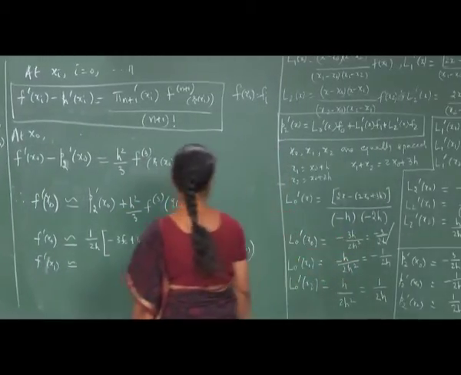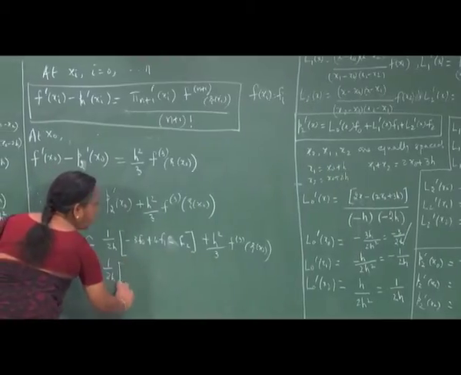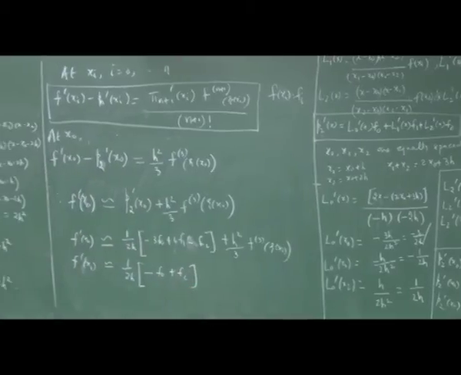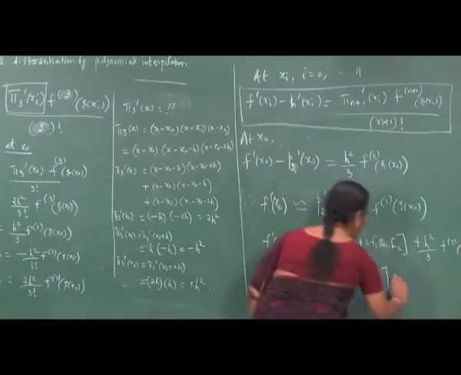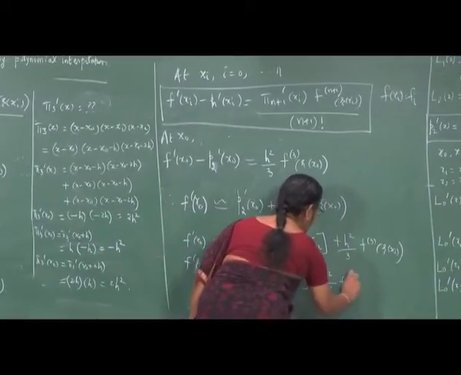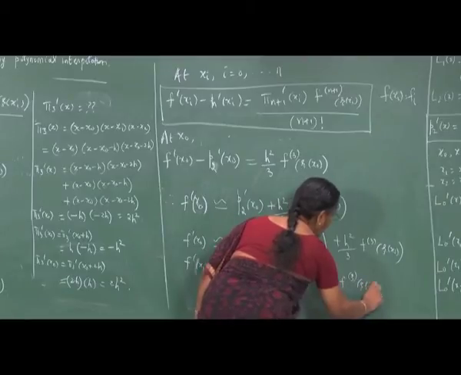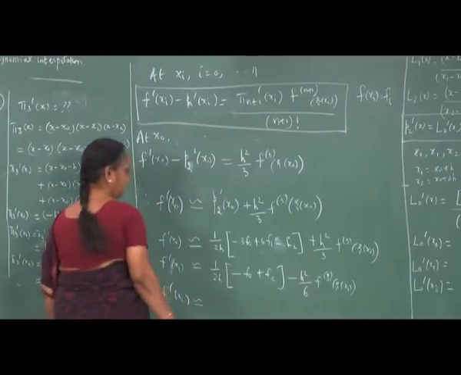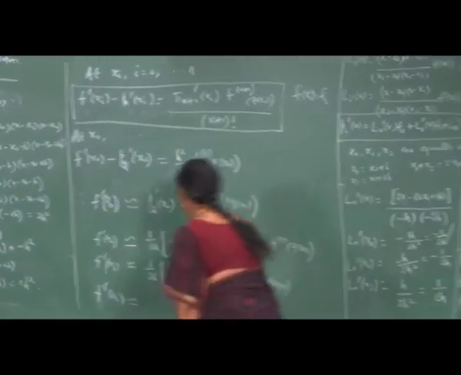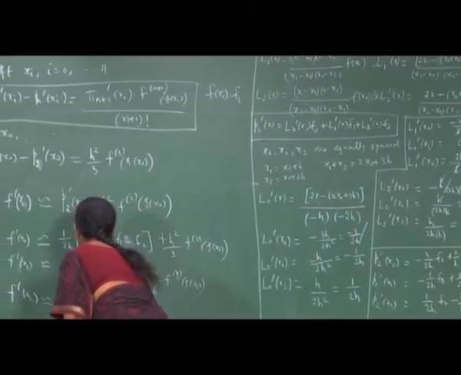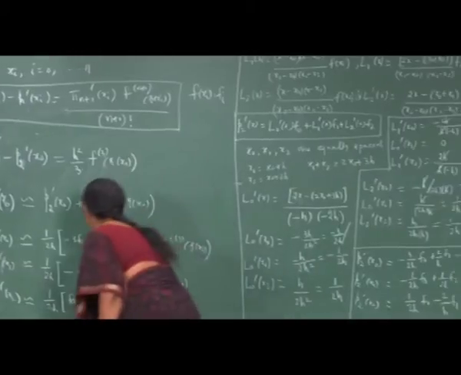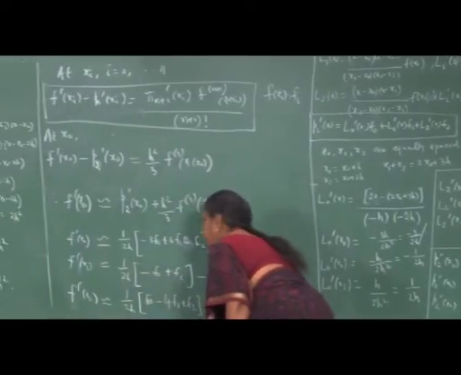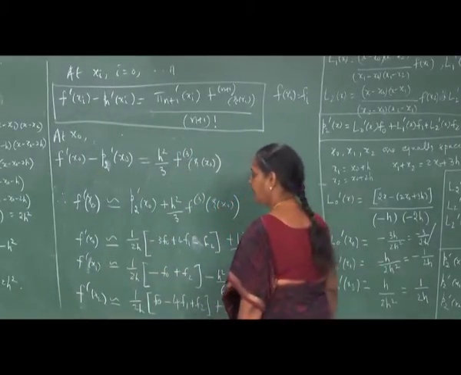So, it is p2 dashed, which is 1 by 2h into minus f naught plus f2, and the error has been computed here, which is minus h square by factorial 3 into the third derivative psi of x1, and finally the estimate for f dashed at x2 is going to be 1 by 2h into f naught minus 4 f1 plus 3 f2, and error in this approximation is 2h square by factorial 3.